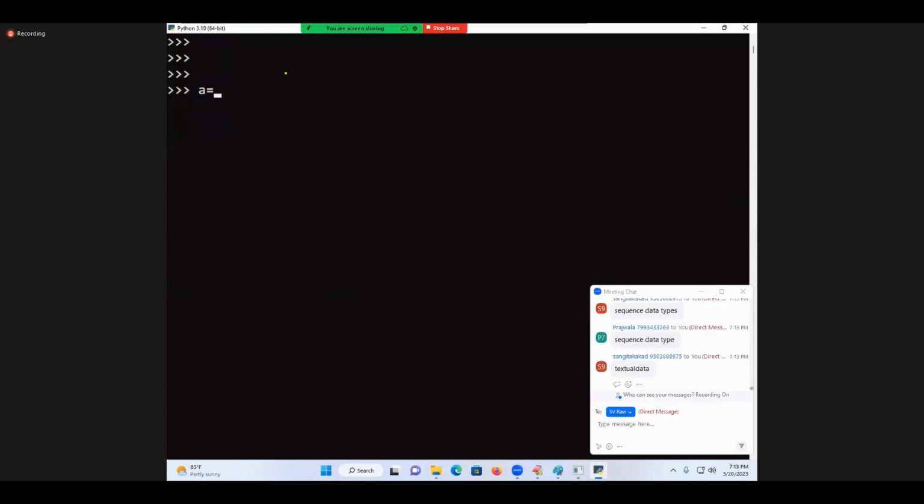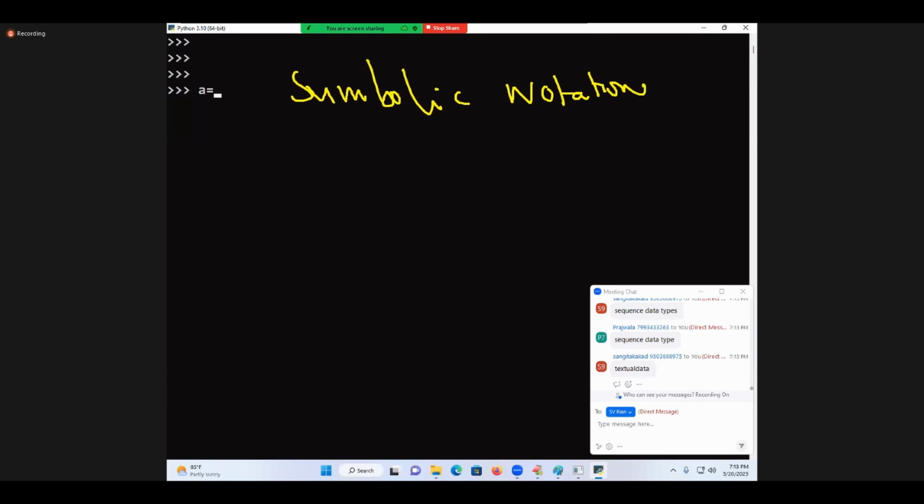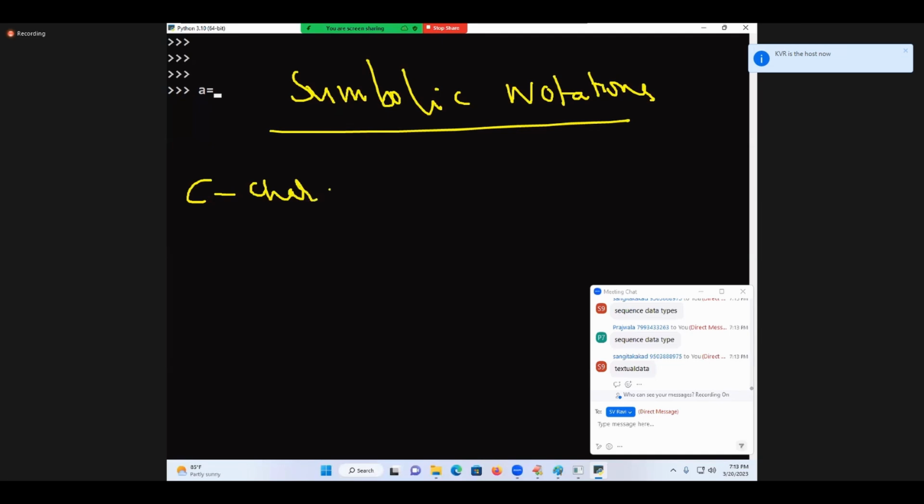Some A is equal to store my string data. I am using some symbolic notations, student. In Python, data types have some symbolic notations. What are the symbolic notations C people use for the char data type? Single quotes, right?